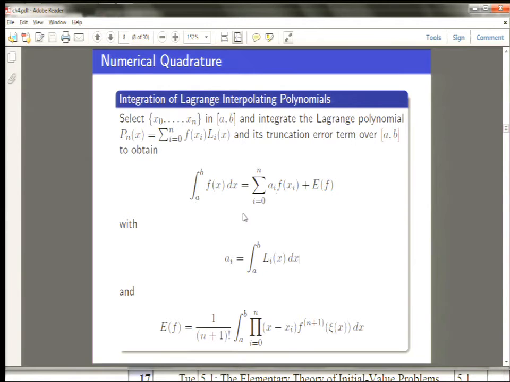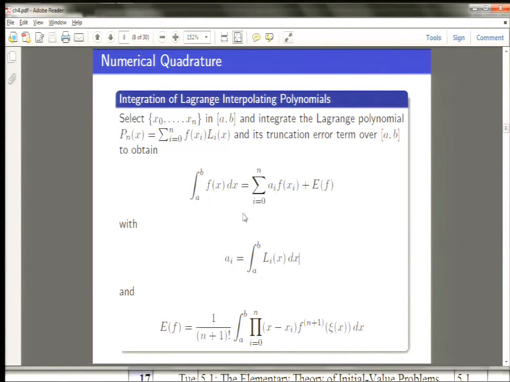So the a0 is going to be the integral from x0 to x1 of L0. Right? And it's a straight line, so it's not that difficult. Let me just do it. 1 over x0 minus x1 comes out. This becomes a quadratic primitive function.